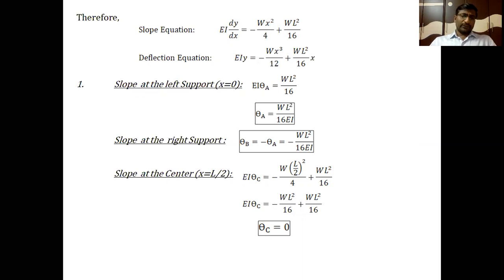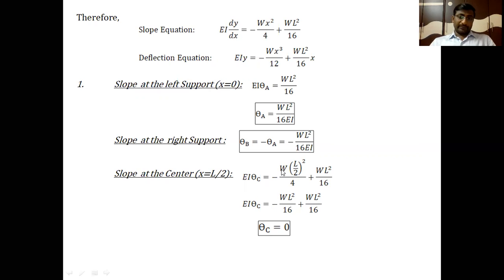Okay, slope at the center means at x is equal to L by 2. Upon substitution of L by 2 in place of x in the slope equation, we'll get the slope at point C. So EI theta C, C is the center point. EI theta C is equal to minus W by 4, in place of x we can substitute L by 2 whole square, plus WL square by 16 is the constant value.